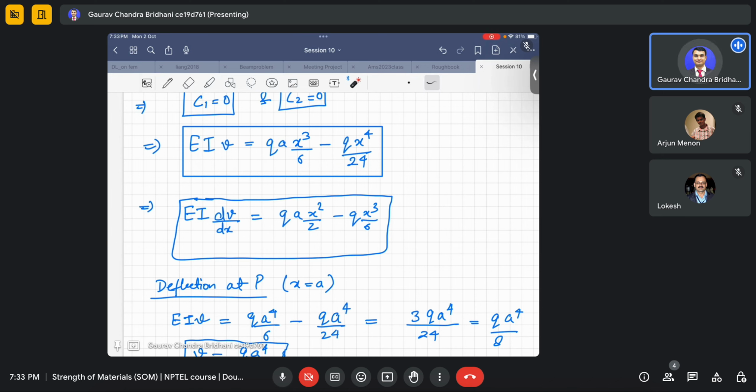So you will find the deflected curve looking like this. In this case it will be something like this, and then it will actually be a straight line like this. So you can visualize the elastic curve, and this equation is known as the equation for the elastic curve.